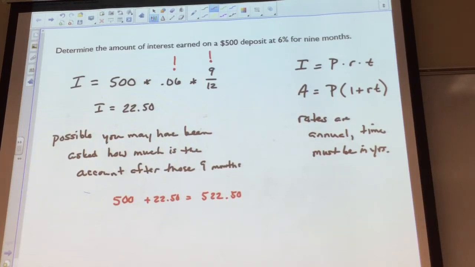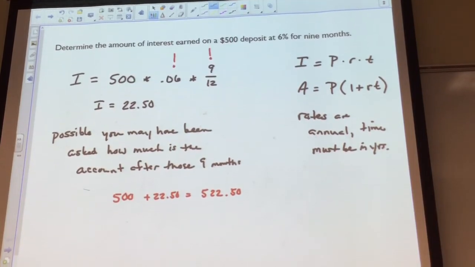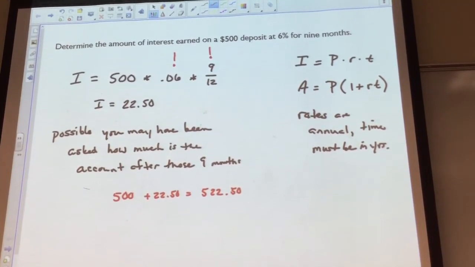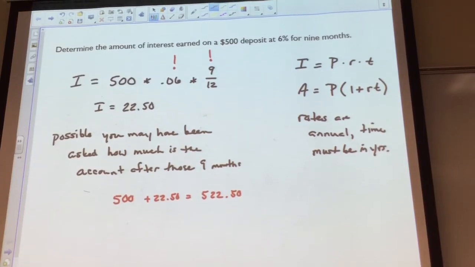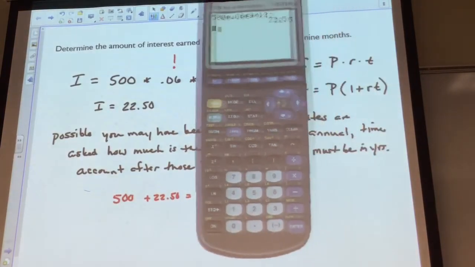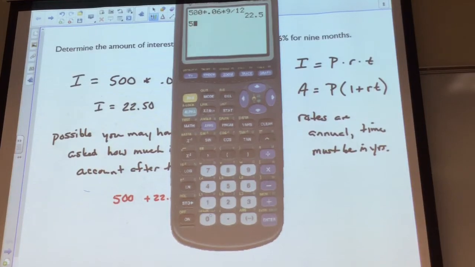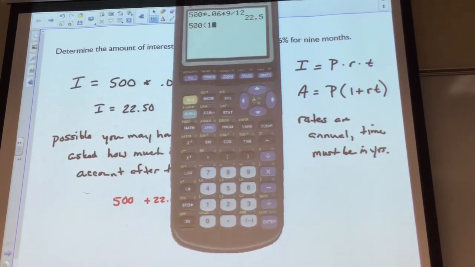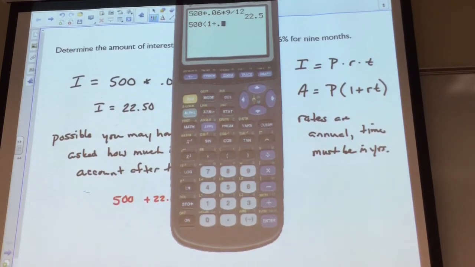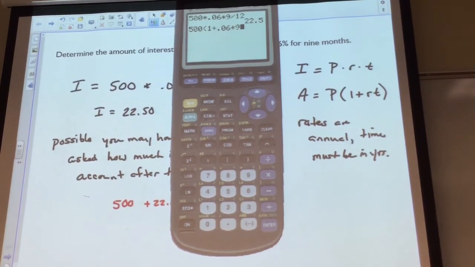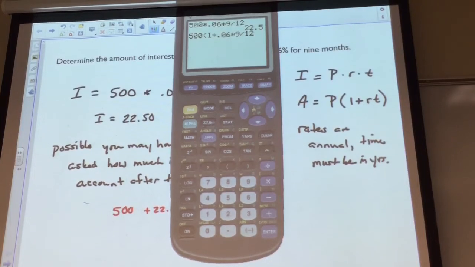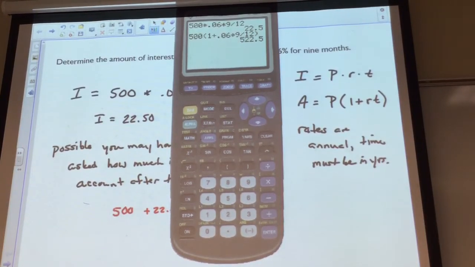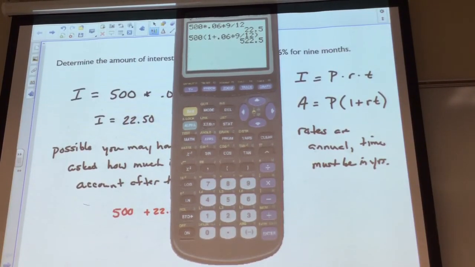So it could be a two-step problem. If that was what you were asked and you weren't asked how much interest you've made, could you have used the second formula in the problem? And if we've used the second formula, could we have started with our $500 and kept the interest of 6% times our 9/12? And would that have generated the same thing?